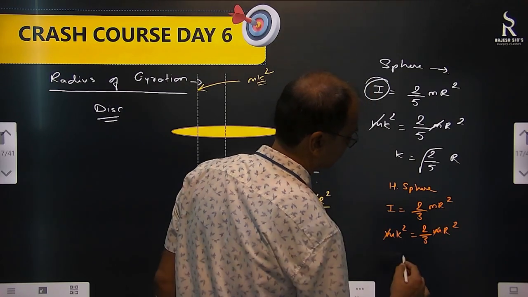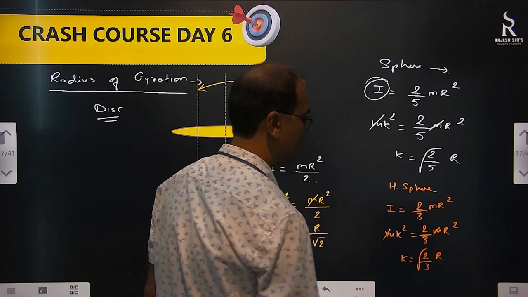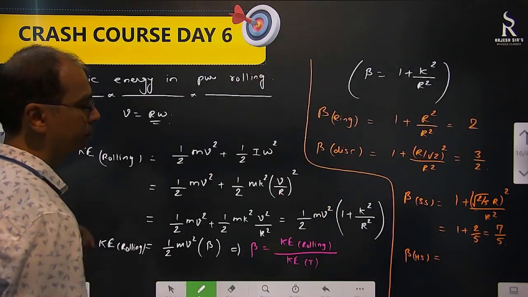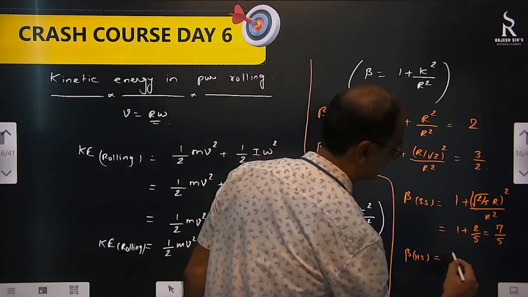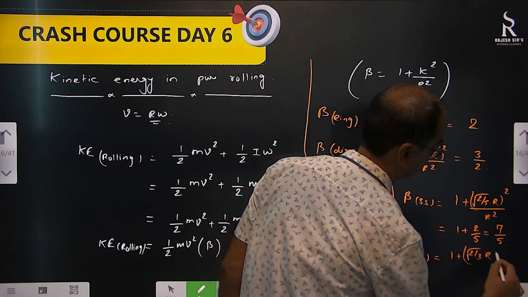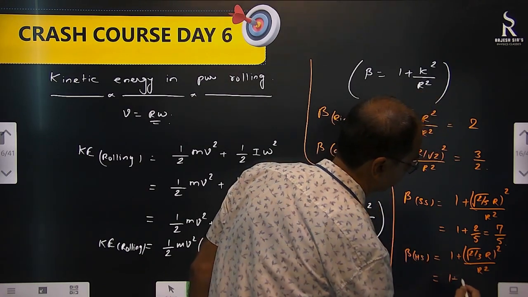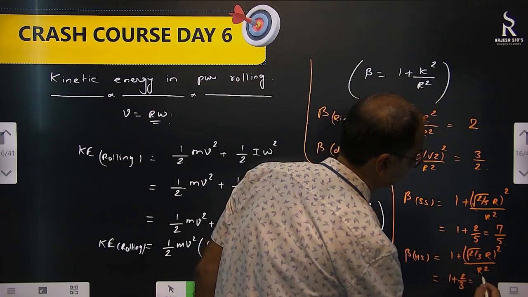M gets cancelled. K value is root 2 by 3 r. So place it here: 1 plus root 2 by 3 r whole square by r square. So 1 plus 2 by 3, that is 5 by 3.